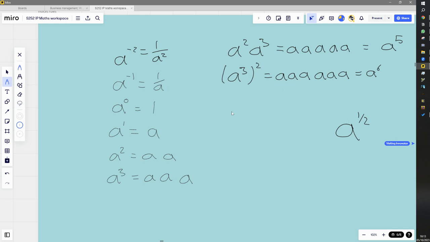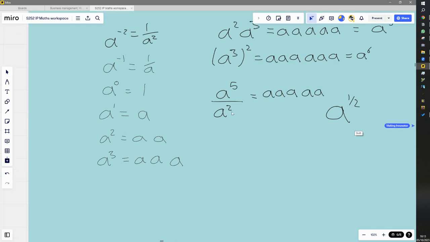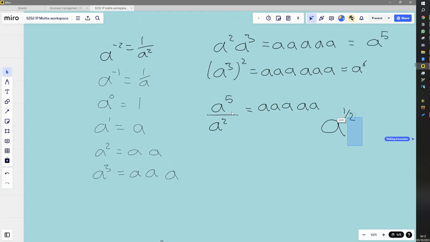So we understand this rule and this rule. Let's do a to the power of 5 divided by a to the power of 2. You may know that what you do is you take away the powers. Let's understand why. So we'll take 5 a's. This is a to the power of 5. This is one that we're going to be working towards understanding.